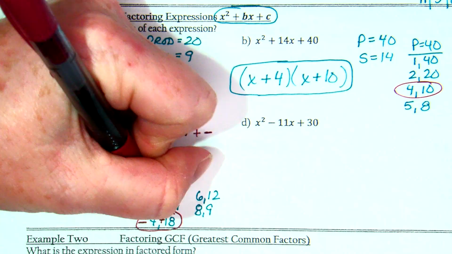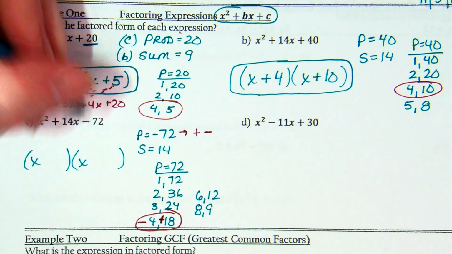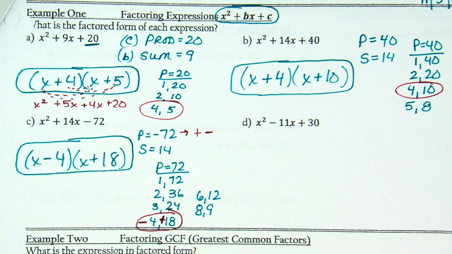You can check yourself here. Negative 4 times 18 is negative 72. Negative 4 plus 18 is positive 14. So what goes in my parentheses? Okay. So it's x plus 18 and x minus 4.